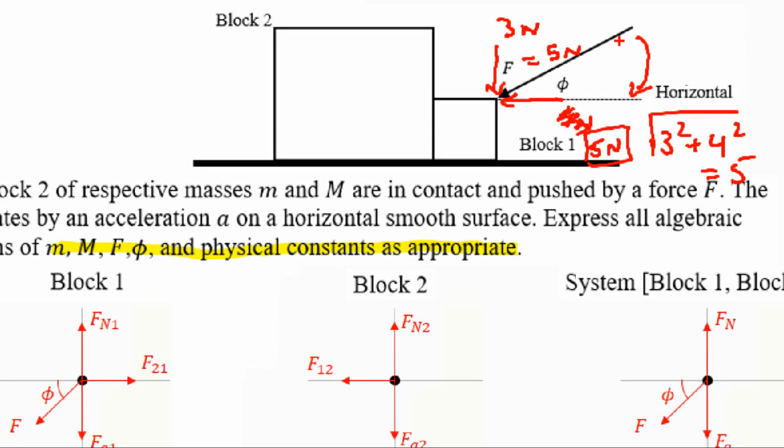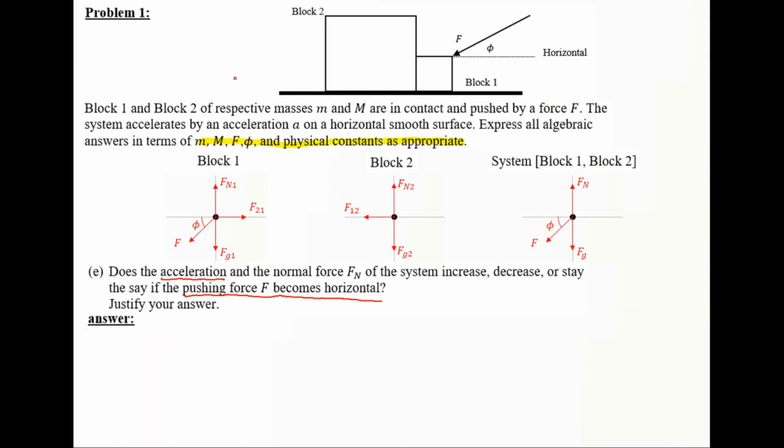Then the horizontal component of the force increases, and the acceleration increases simply because we have increased the horizontal component. Remember that the acceleration was given by F cosine phi divided by the total mass. The maximum acceleration occurs if this is completely horizontal, which means cosine phi is 1, phi is 0, which makes the acceleration increase. So regarding the acceleration, we can say it increases.